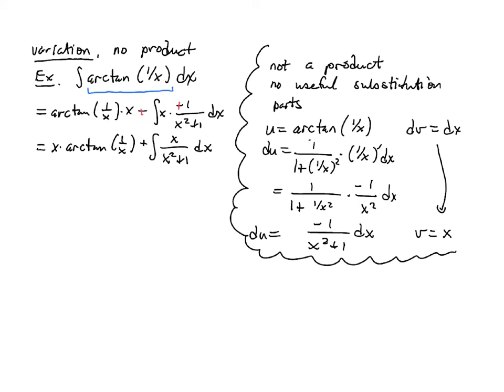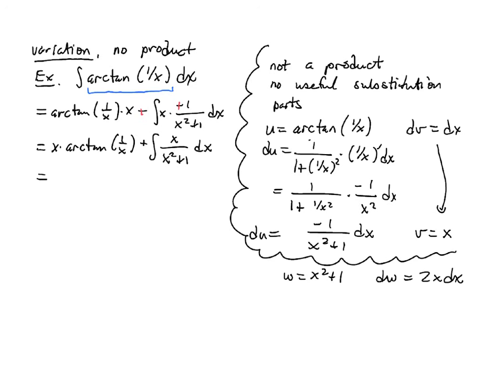Now, we have to evaluate that antiderivative in order to complete things, but that's one we can do using a substitution. So I'll write that over here on the side. The substitution is going to be, I'll call it w equals x squared plus 1, and then dw is 2x dx.